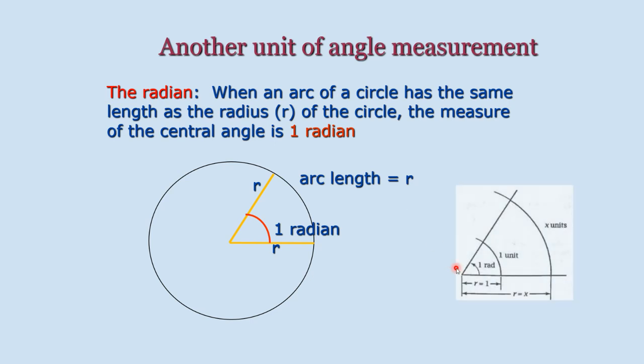Okay, so as an example, depending on what the unit of measure is, it may look different, because we have different units of measure. We have centimeters, decimeters, meters, millimeters, we have inches, half inches, etc. So if the radius is 1 unit and it cuts off an arc of the same length or unit, then that's referred to as 1 radian.